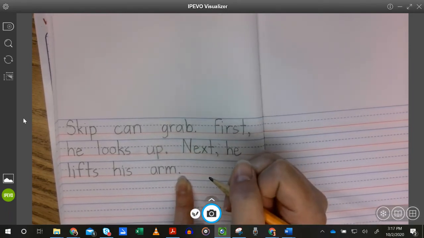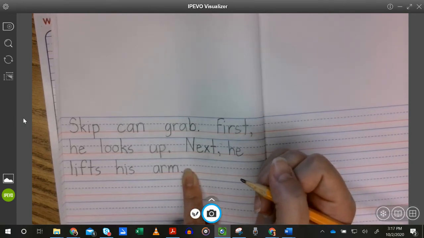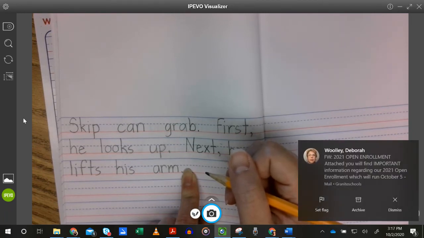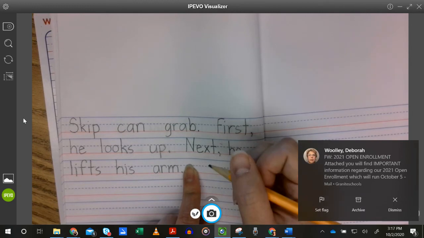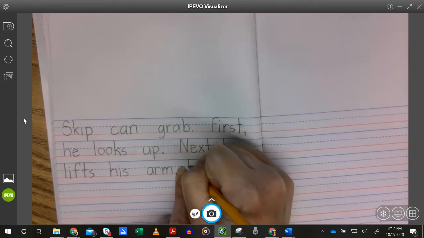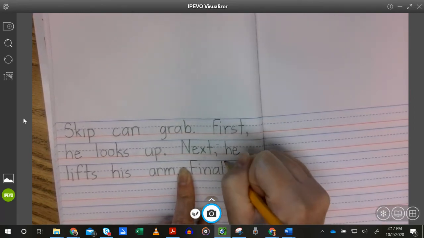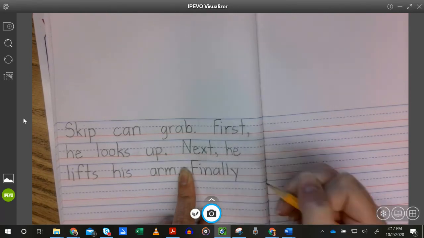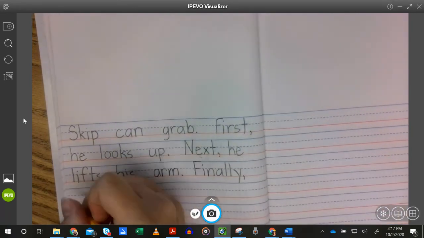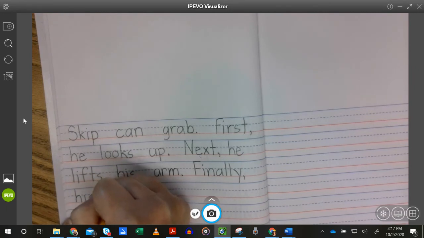Period. Okay, finally he can actually do the grabbing. What part of his body does the actual grabbing? His fingers, or you could say his hand. But I think specifically the fingers can do the grabbing. Finally, F, I, N, A, L, L, Y. Finally, his, we've done that one already, fingers.